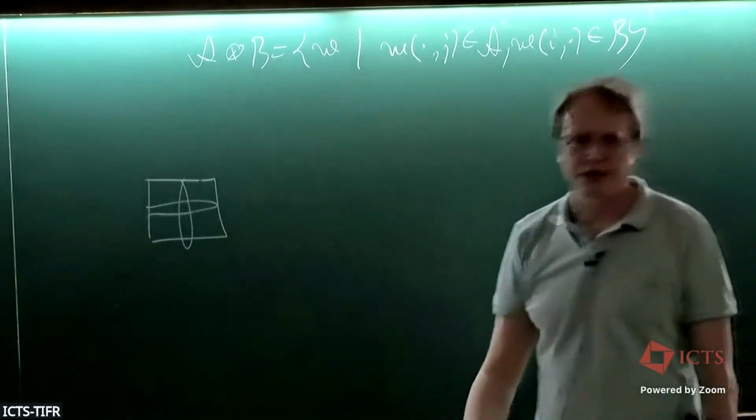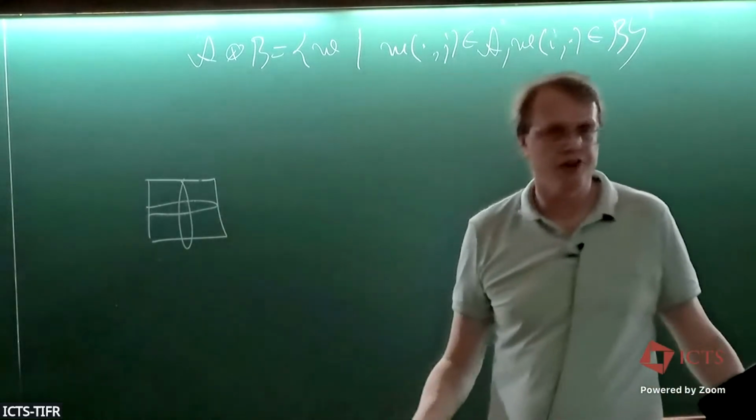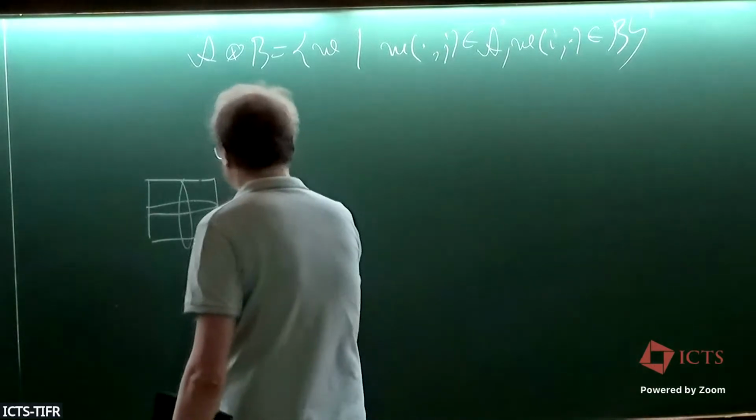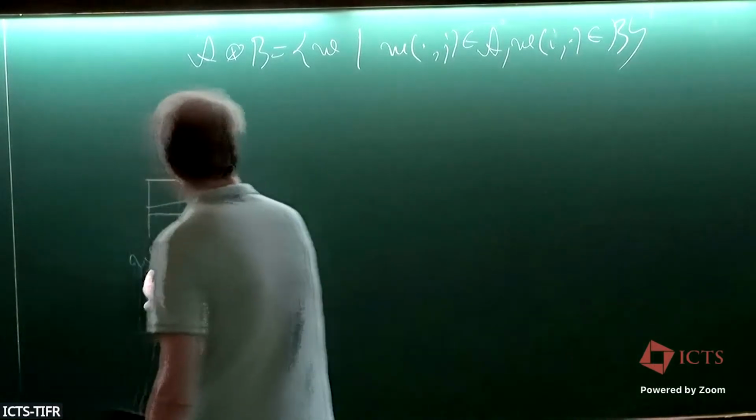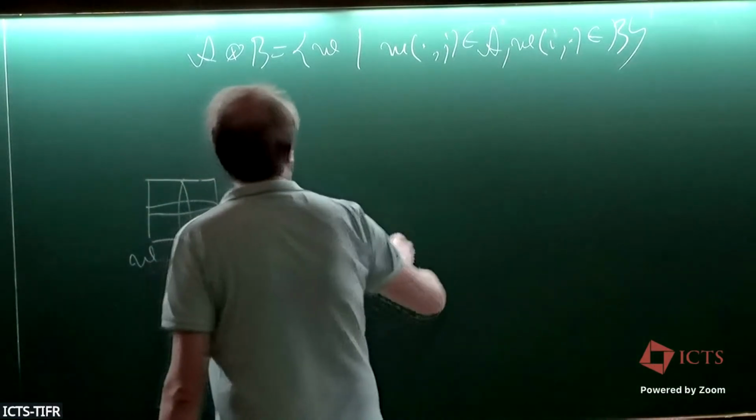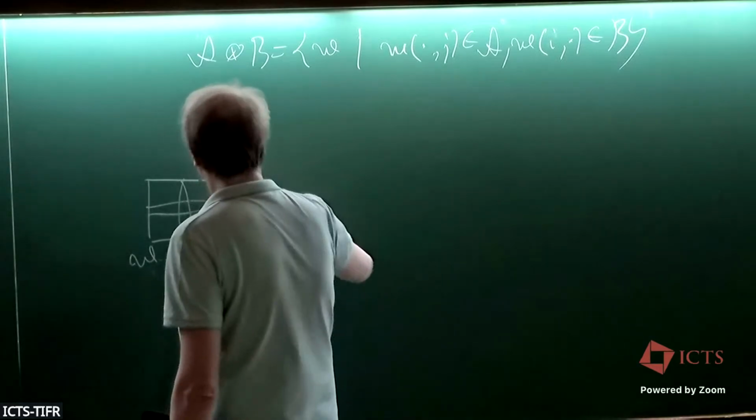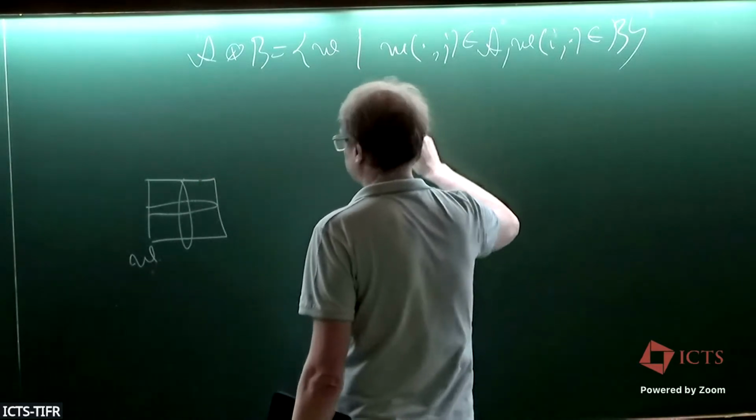How can we check this? What are the parity checks? We can consider this matrix W, a matrix of size NA by NB, and we can consider the following checks.